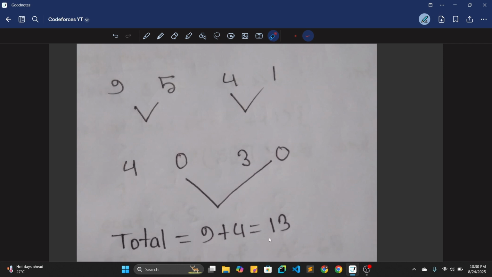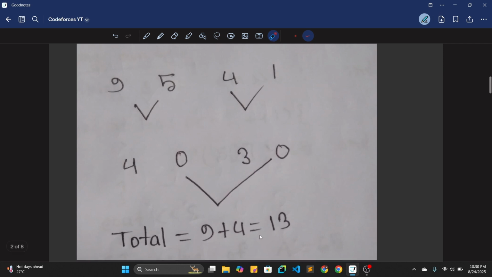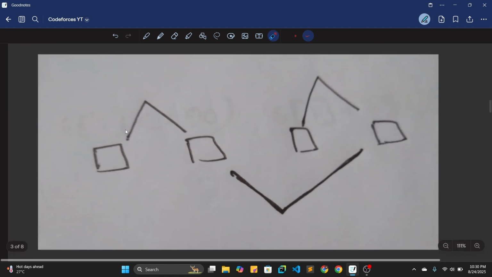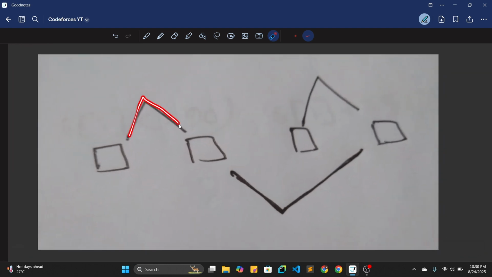So the total number of emeralds that we need is 13. Let's see how all these become friends. At first we made these 2 villagers friends and these 2 villagers friends, and at last these 2.